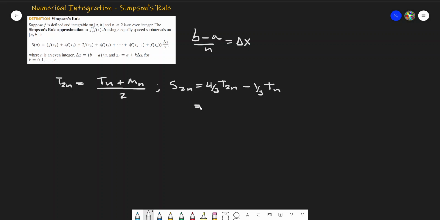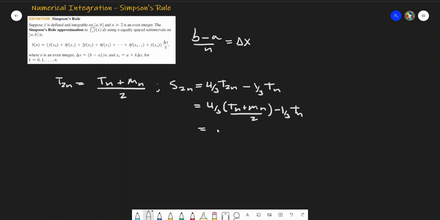Now, if we were to substitute this formula in, basically we would get the following. We have 4/3 multiplied by t sub n plus m sub n divided by 2, minus 1/3 t sub n.